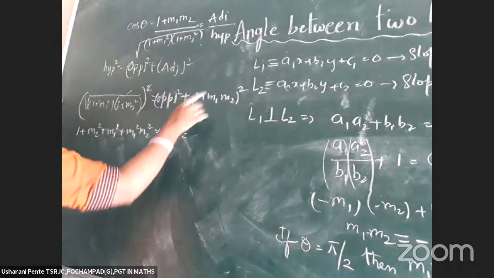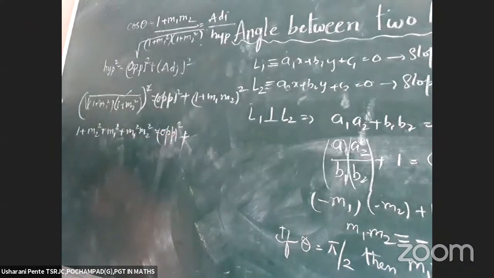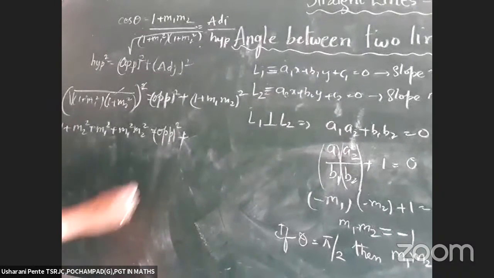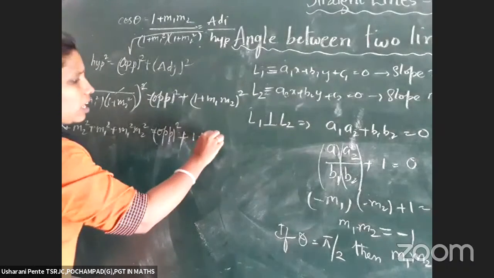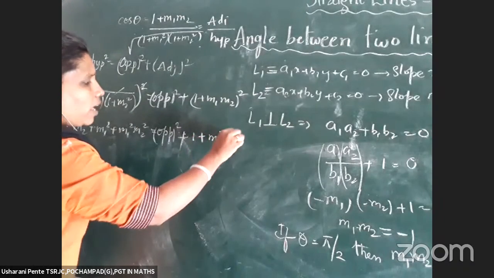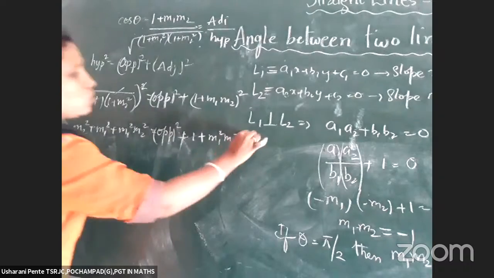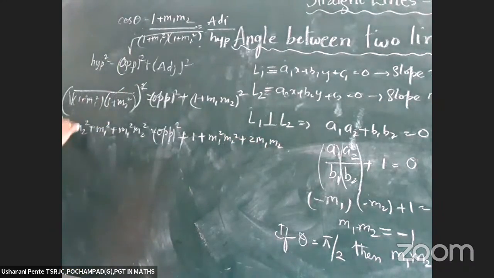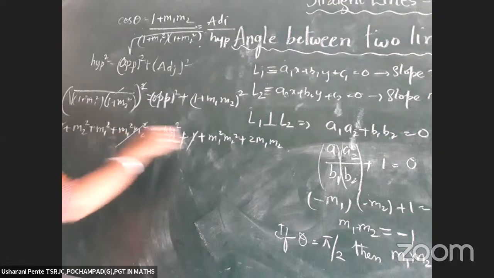The other side is in the form of a plus b whole square, a square plus b square plus 2ab. That is 1 plus m1 square m2 square plus 2 m1 m2. So 1 gets cancelled, and the m1 square m2 square term gets cancelled.